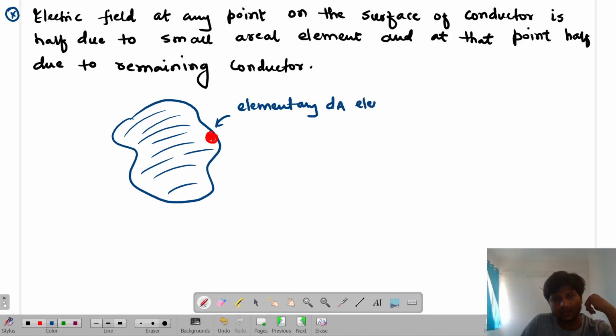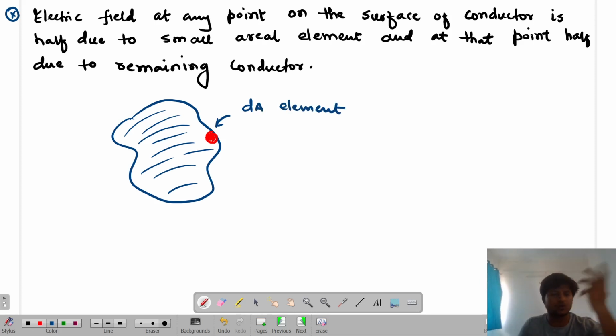Yes, yes. See, do we know that? Can you tell me what the total shape and size of the conductor is? It's a random conductor, so you do not know. So how to find the electric field? First, I will find the electric field due to the small area, and then I will add it for the whole surface or not.